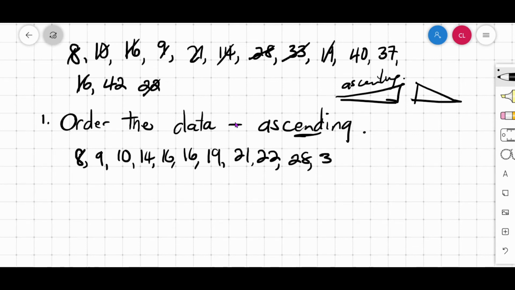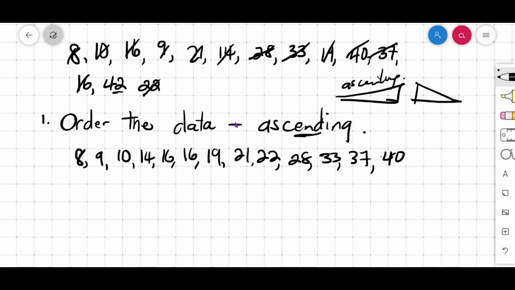So we have 33, 34, 35, 36, 37. So we'll go with 37, 38, 39, 40. 40 will go here. Let's fix this one up. So let's go with 40.